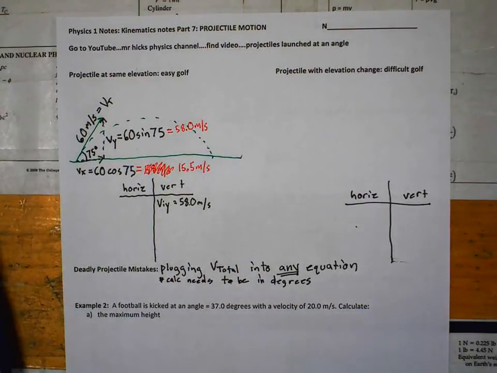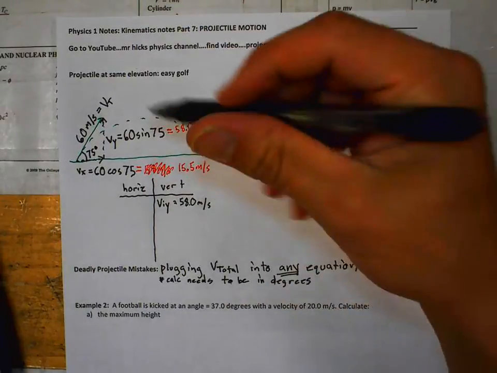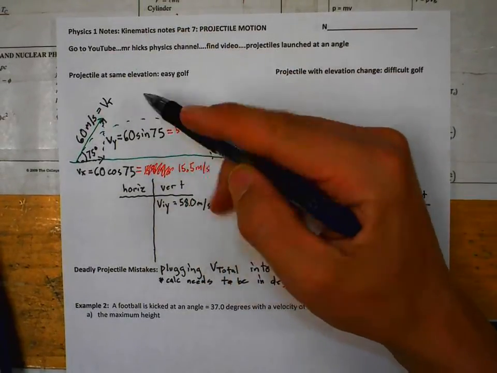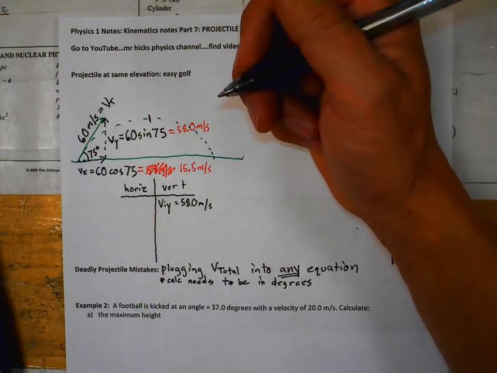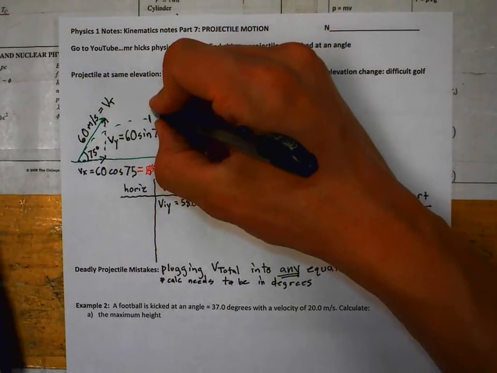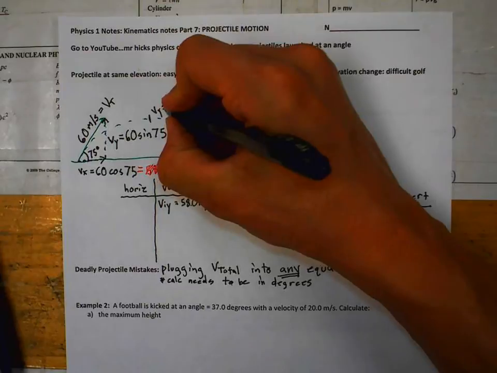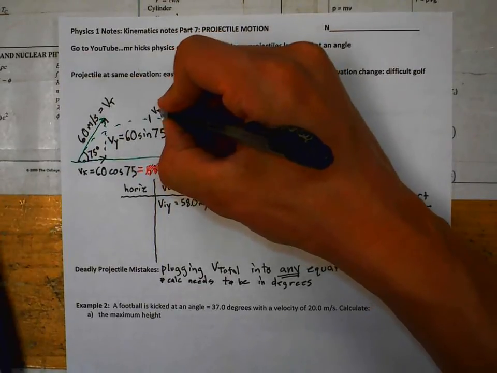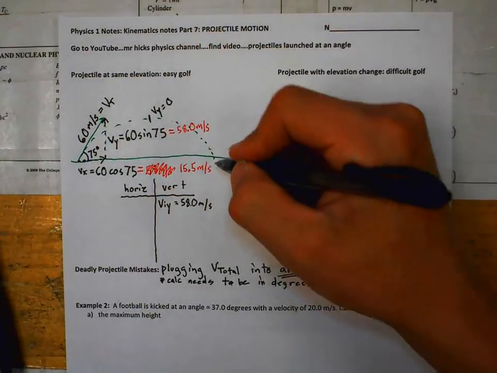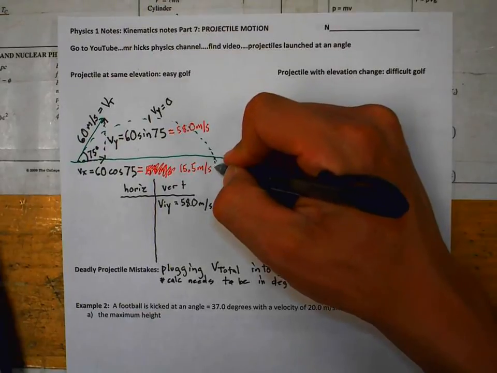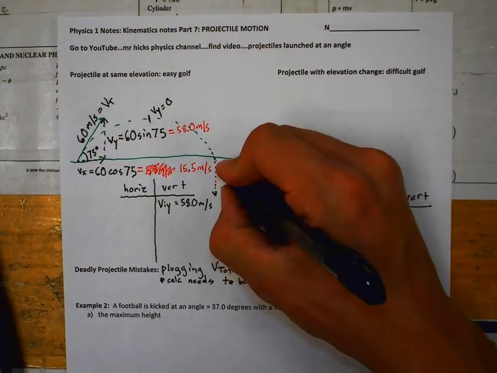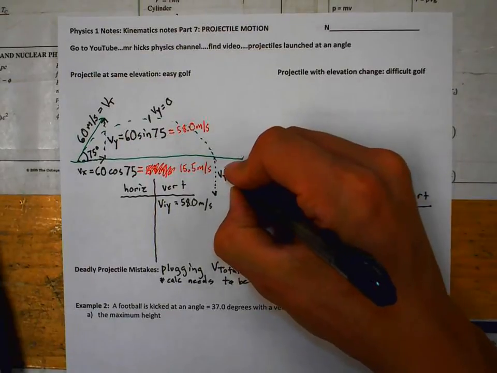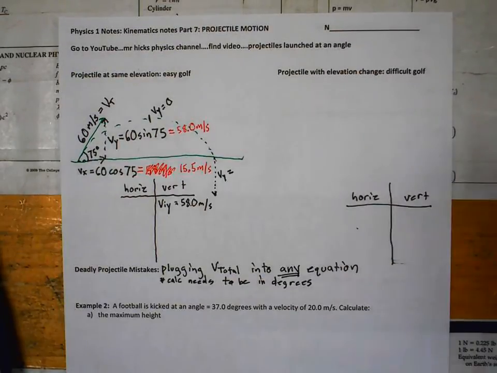Okay, now as the ball goes up, tell me about its vertical velocity right here. 0. I'm going to say Vy equals 0 right here. And then as it hits, it's also going to have a vertical velocity Vy. And this is a level playing field, easy golf.